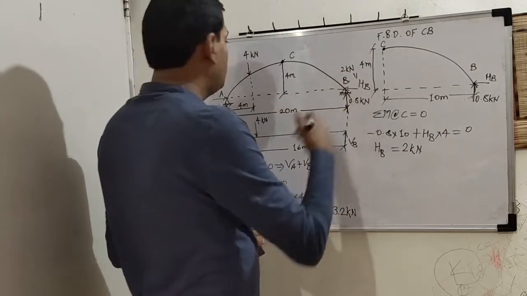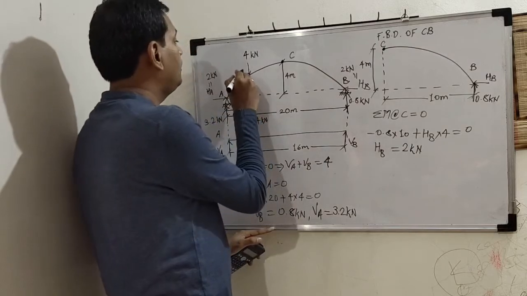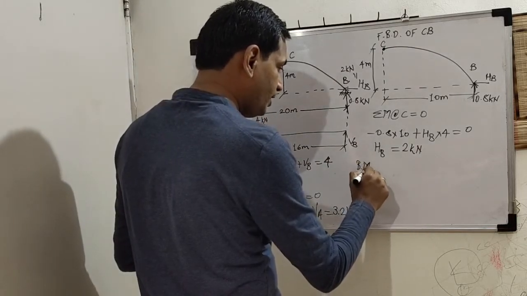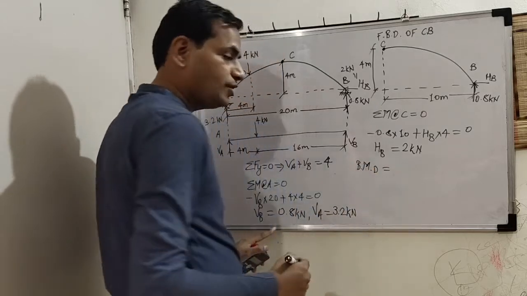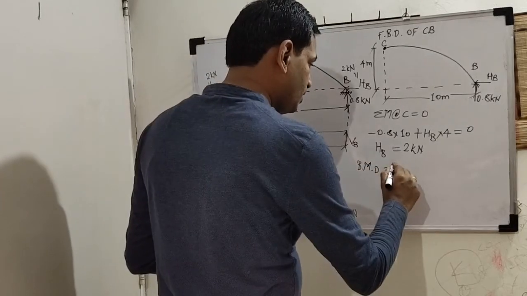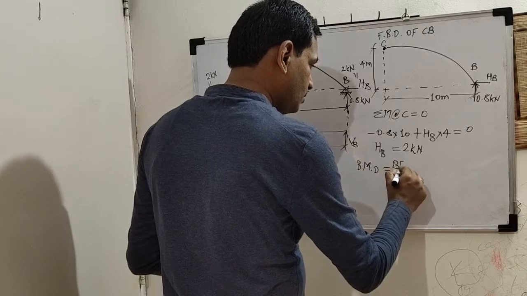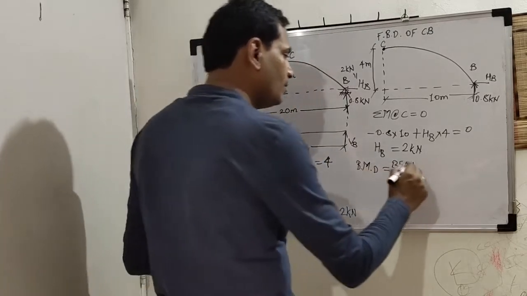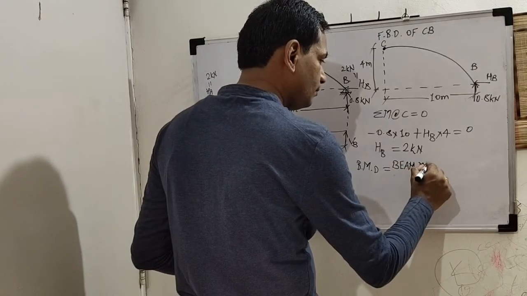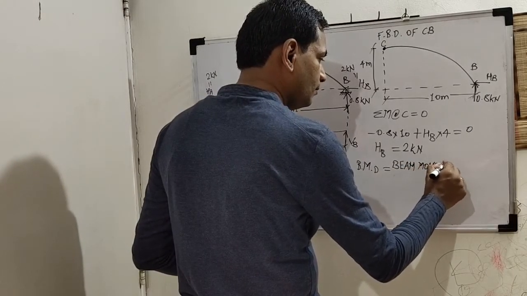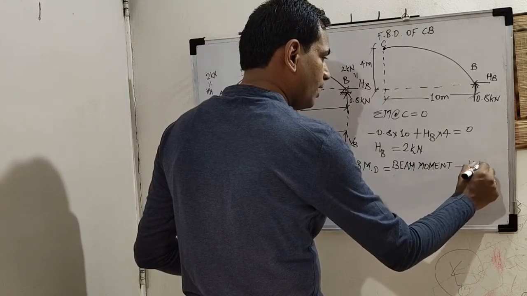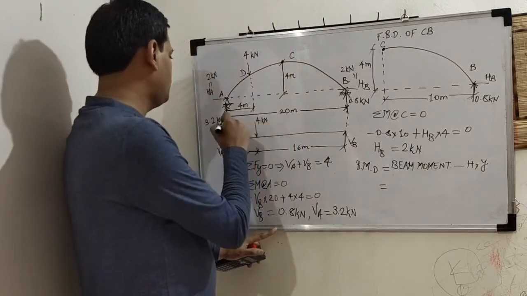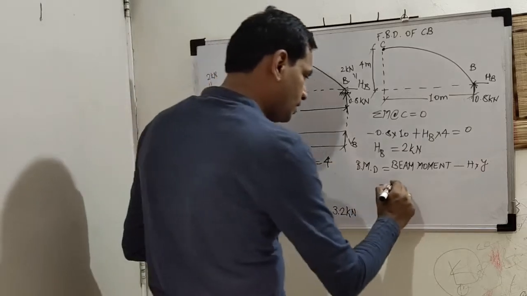Now we will find the bending moment at point D, correct? This is equal to, as per the previous session's discussion, beam moment minus H into Y. So what is the beam moment at D? 3.2 into 4, correct?